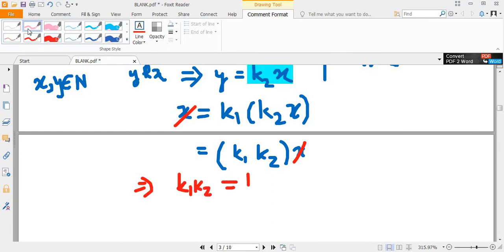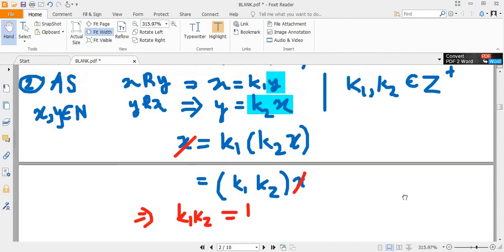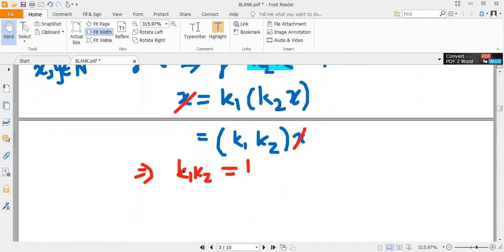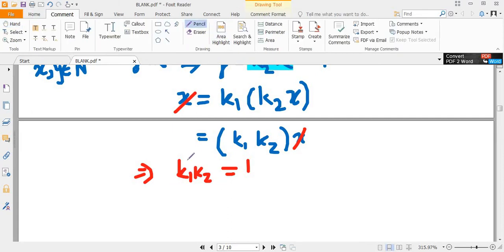Here's the thing: k1 k2 is equal to 1, but k1 and k2 are both positive integers. So I cannot have 2 into 1 by 2 or something like that. The only two positive integers that can give the product 1 are k1 equal to k2 equal to 1. You can check that there are no other positive integers such that their product is 1. What does that give me?